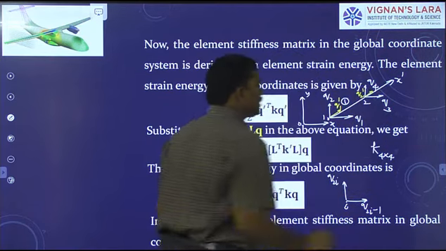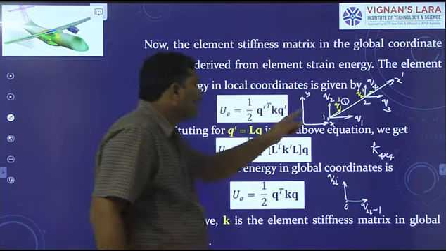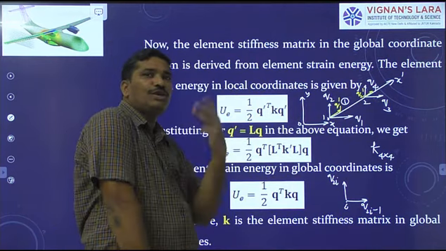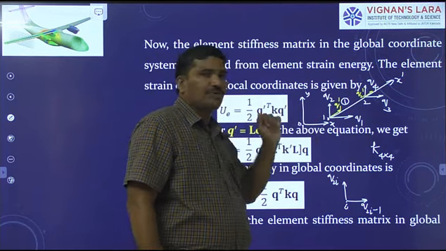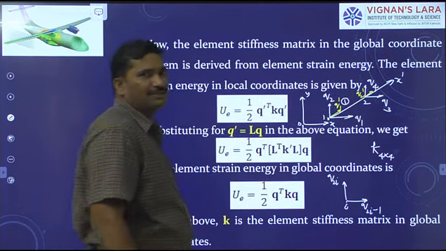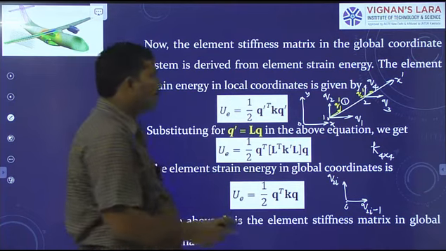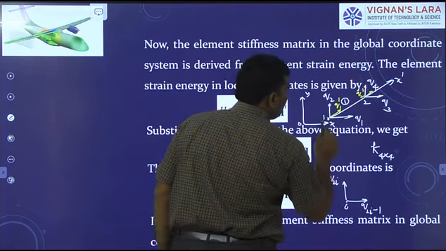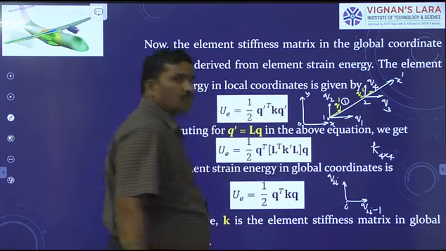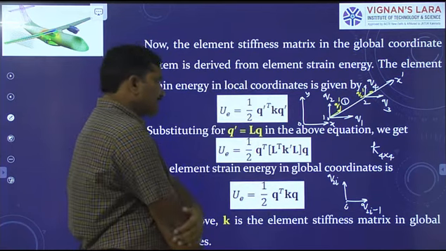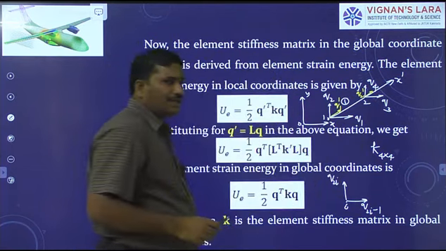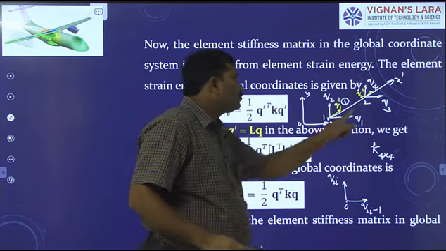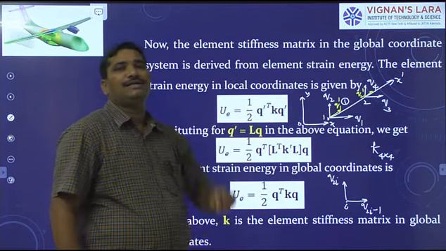With respect to local reference frame x dash, this element has 2 degrees of freedom, at 1 and 2. What are they? Q1 dash and Q2 dash. Therefore, with respect to local reference frame x dash, the behavior of this element appears as a 2-noded bar element.